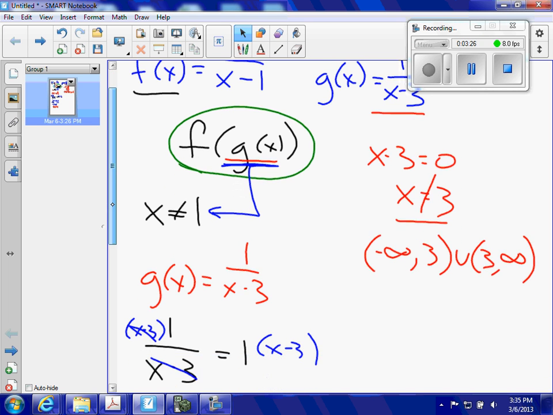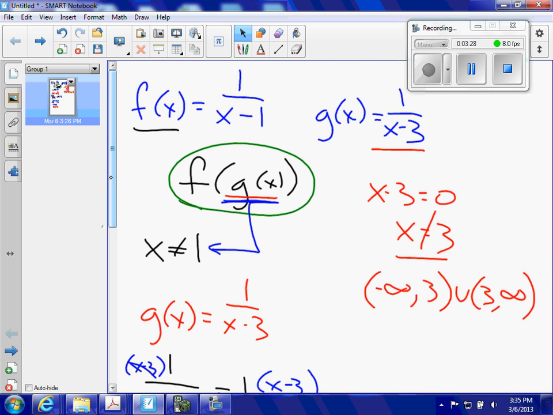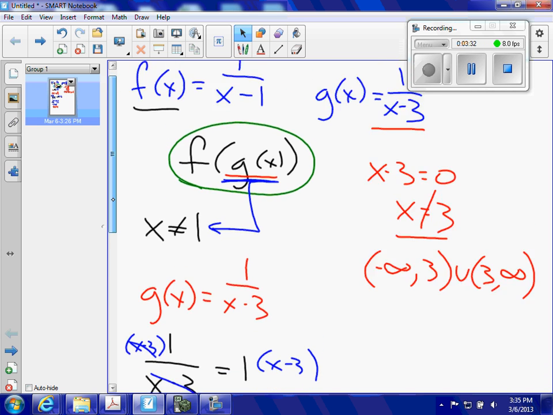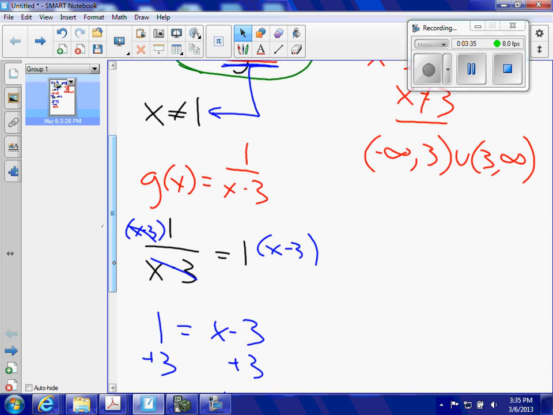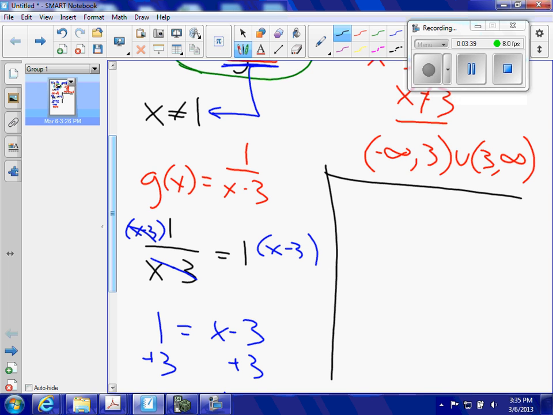Let's just prove that. I hope this writing isn't getting you too crazy here. So g of x is equal to 1 over x minus 3.